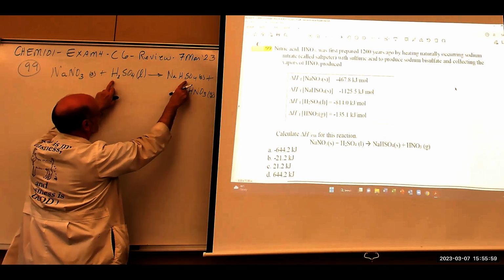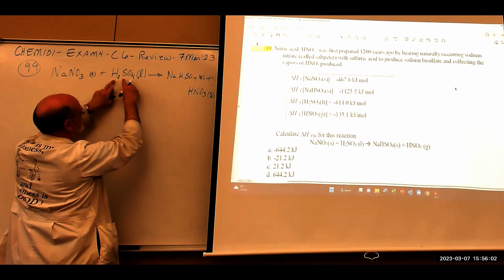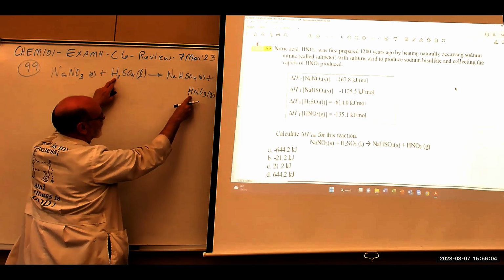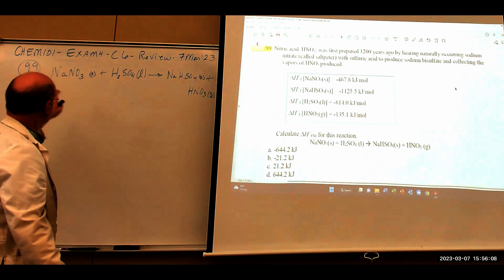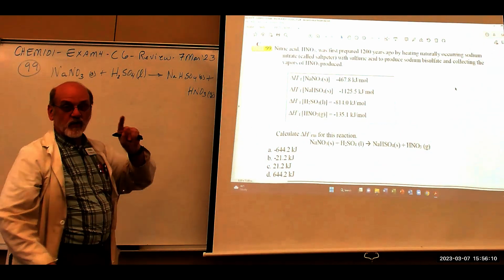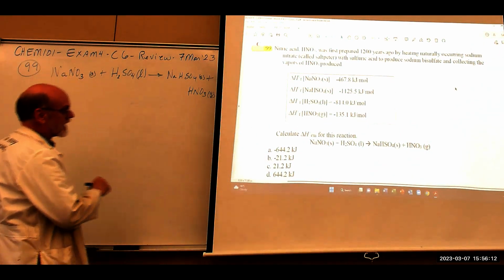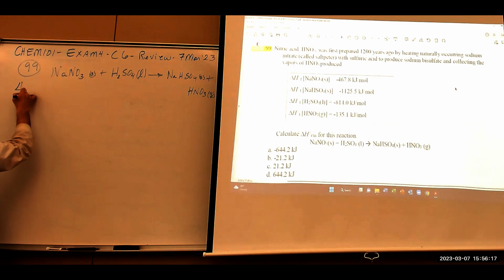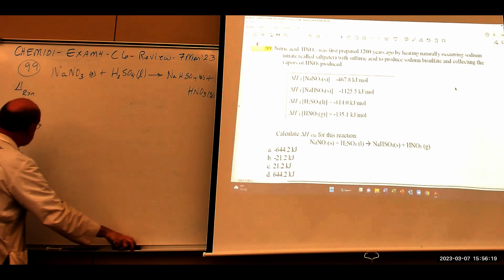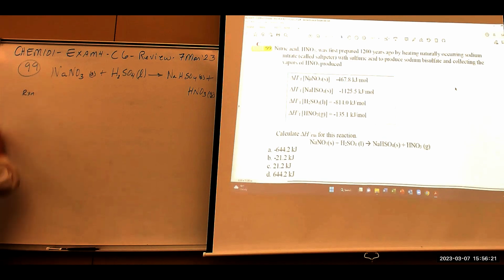One sulfate, one sulfate. Two hydrogens, one there and one there. That equation is balanced. And the coefficients for each one is 1. Now remember when we calculate the delta H for the reaction?